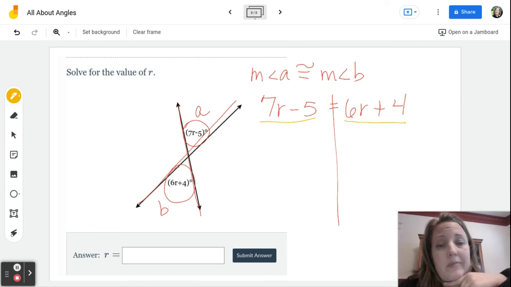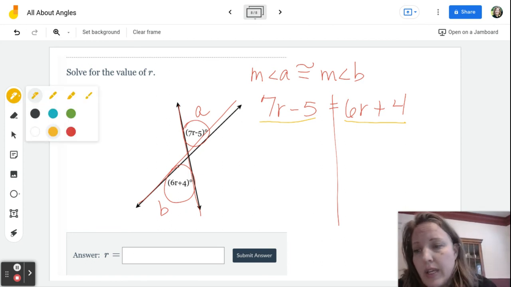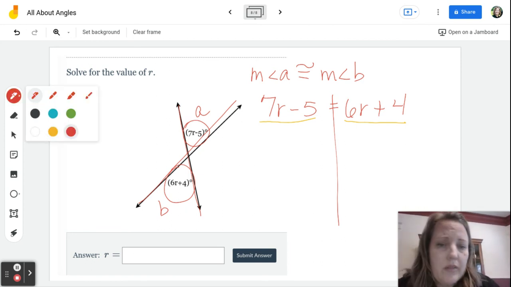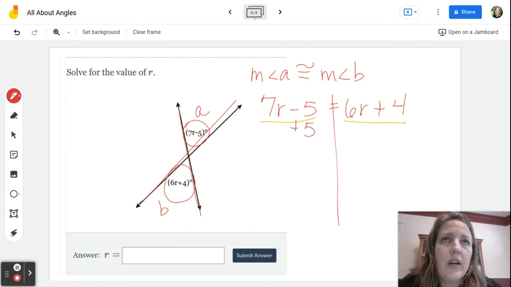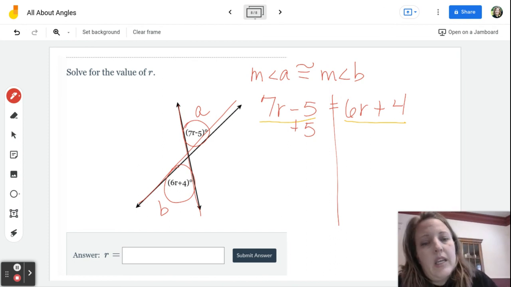I'm just going to start with the way that I've seen a lot of you doing this. I think it's because that is how we operate with two-step equations. It's fine. Just don't become inflexible. Like, hey, I could have subtracted 6r, right? Just be flexible.